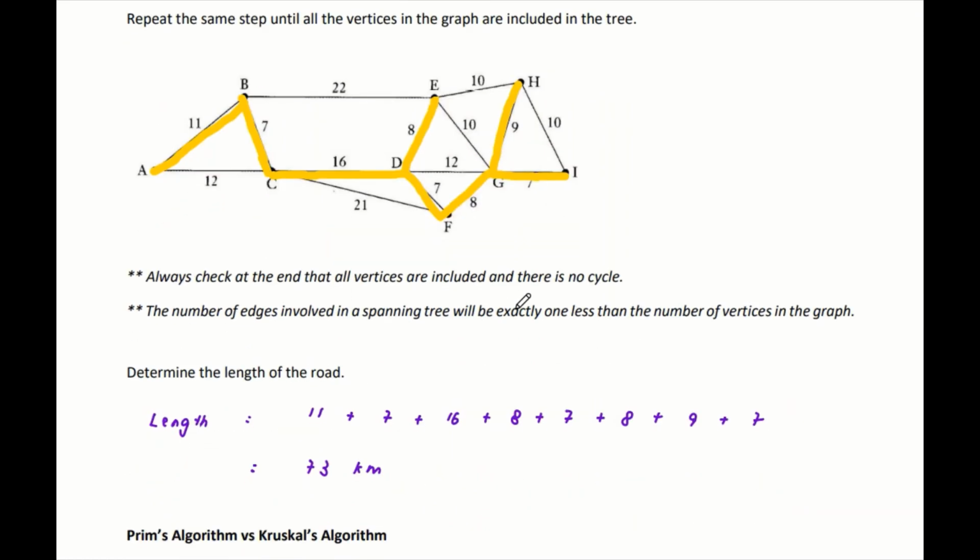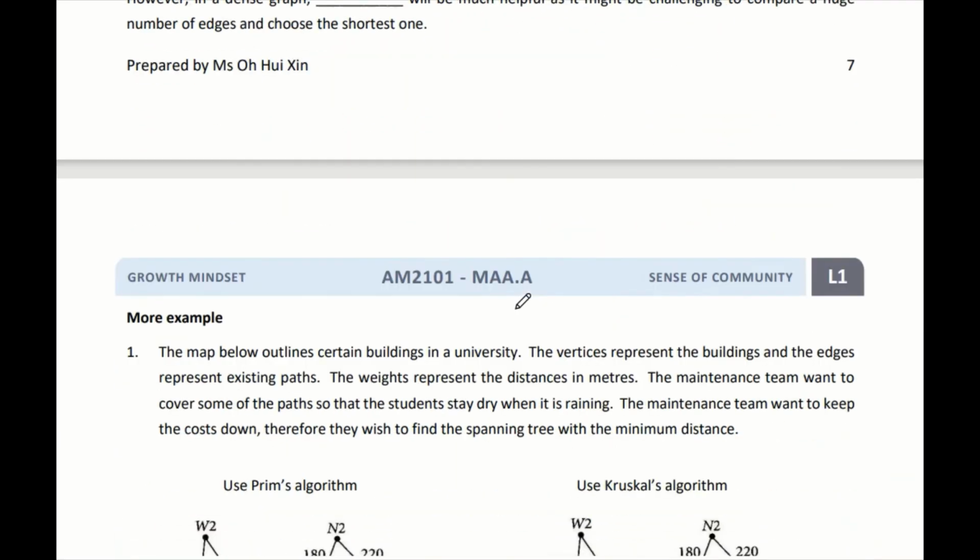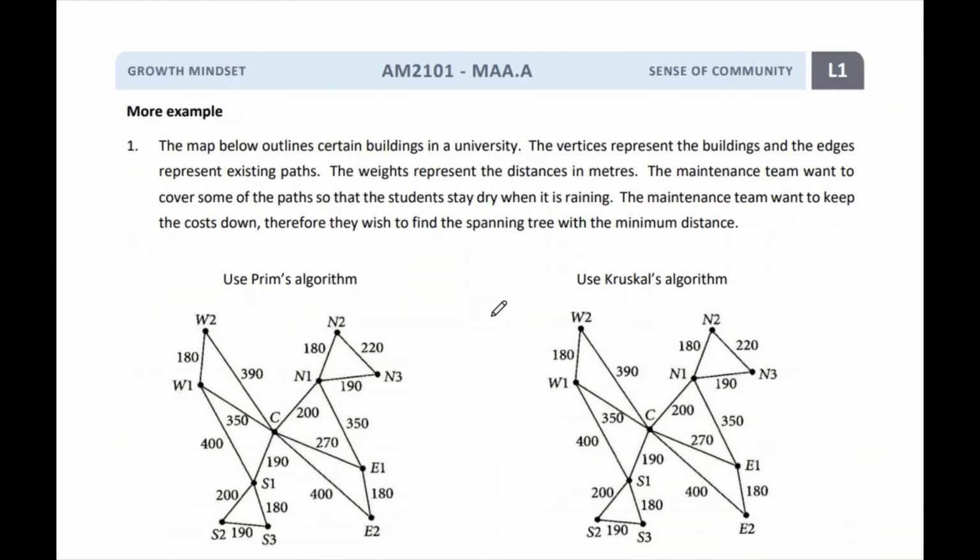All right. Okay, so now we'll be looking at the last question together. It's a quick exercise for you before you move on to your individual exercise. So let's look at question 1. The map below outlines certain buildings in a university. The vertices represent the buildings and the edges represent the existing paths. The weight represents the distance.